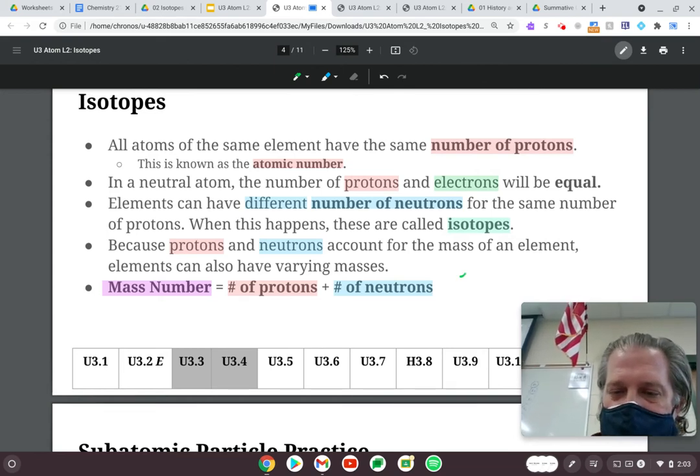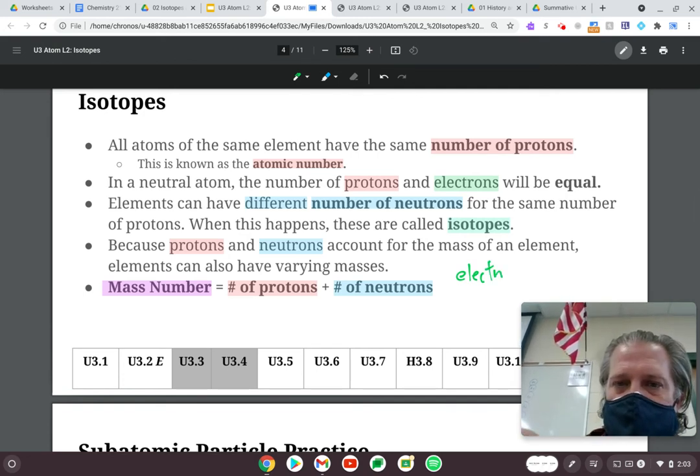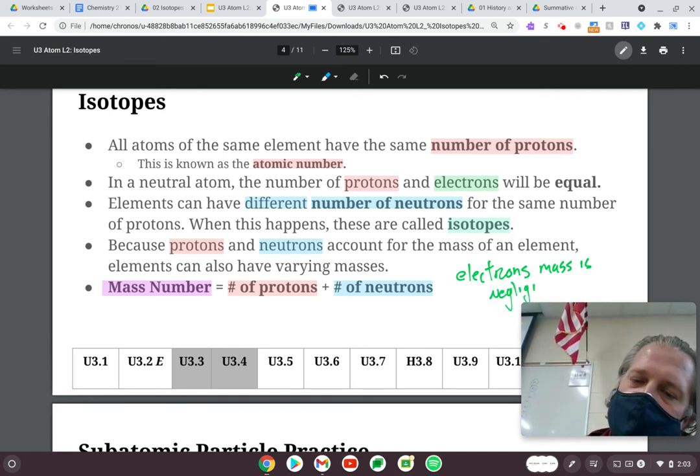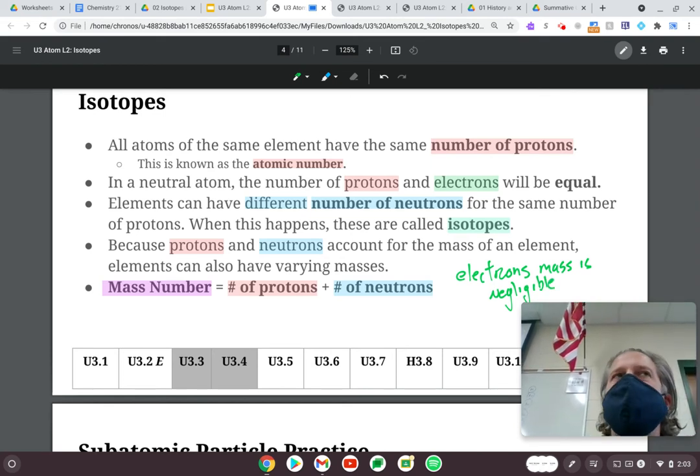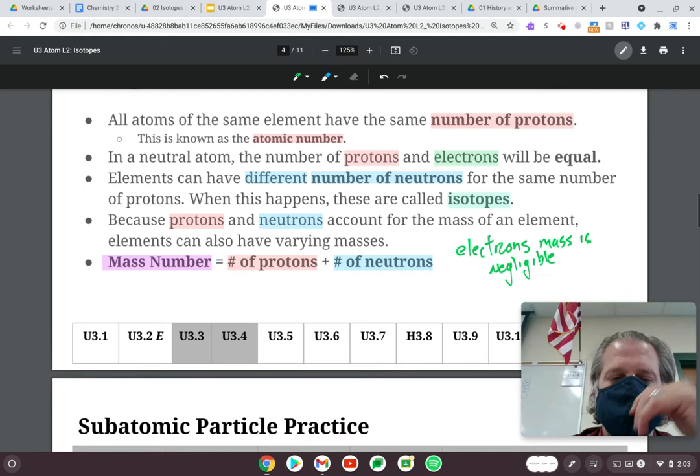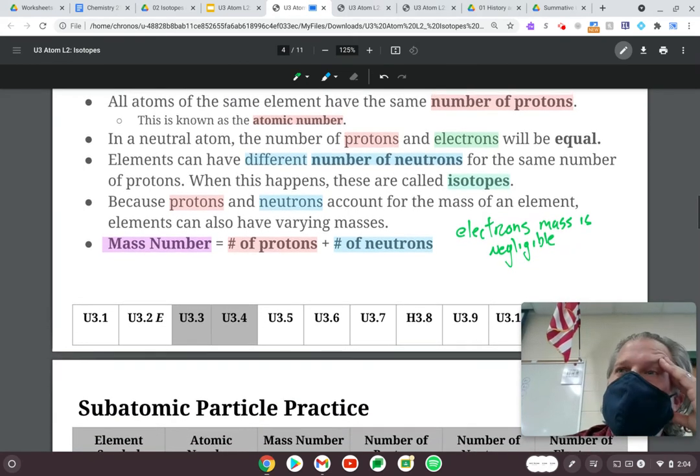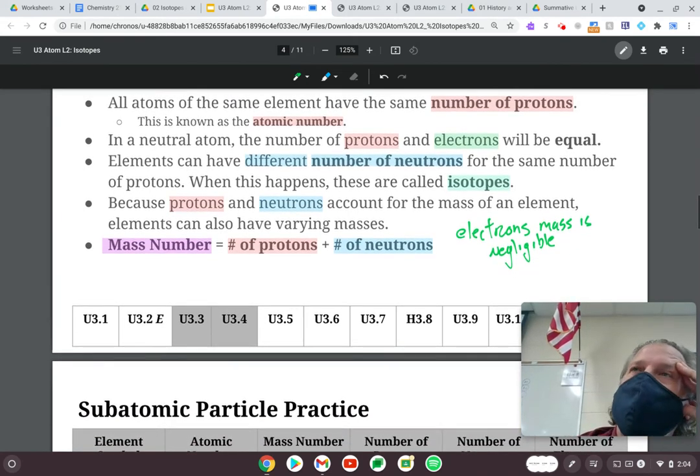So we remember that the mass of electrons is negligible. Okay, so just remember that. So on the next page, you should see a table that we're going to fill in.